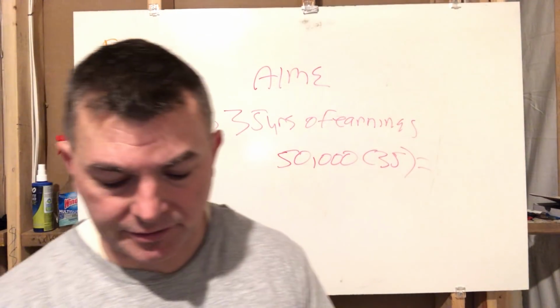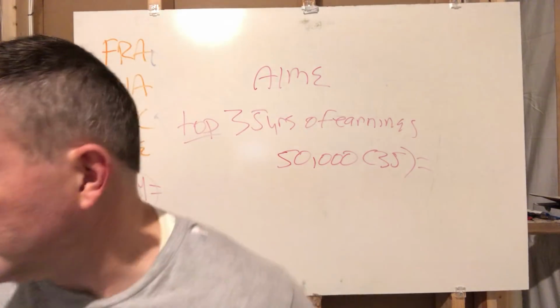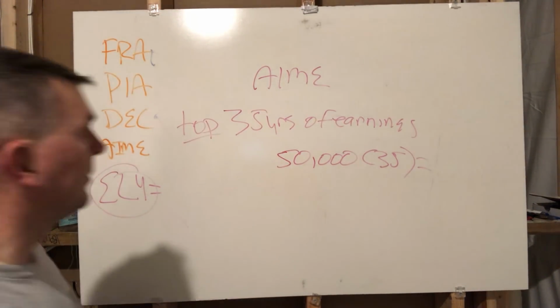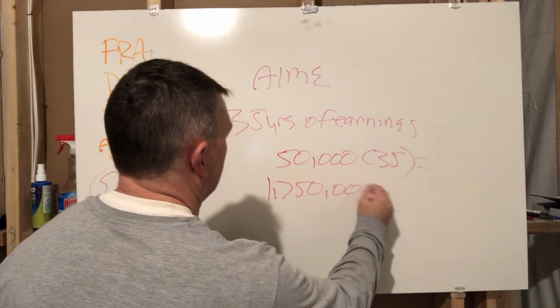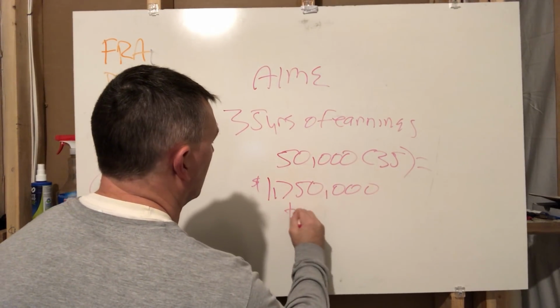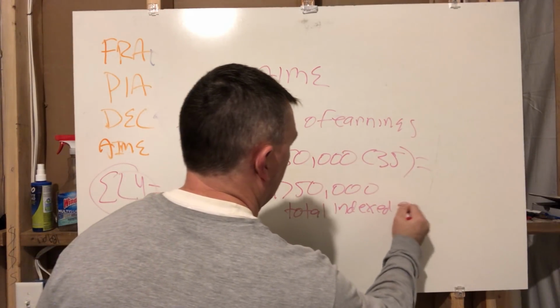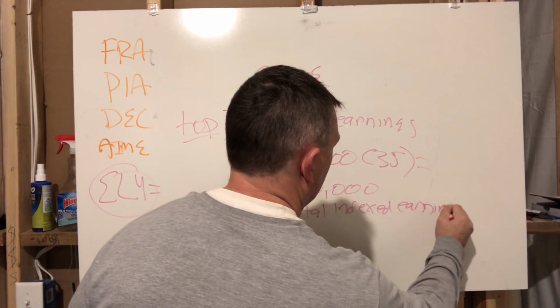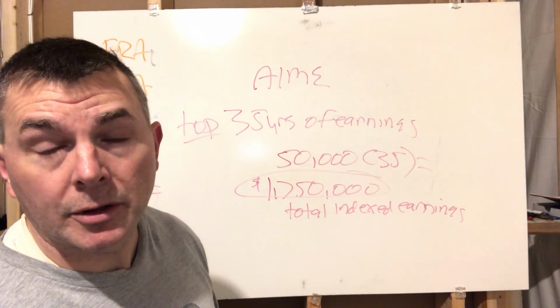So we take $50,000, we times that by 35, and that gives us $1.75 million. That is our total indexed earnings.